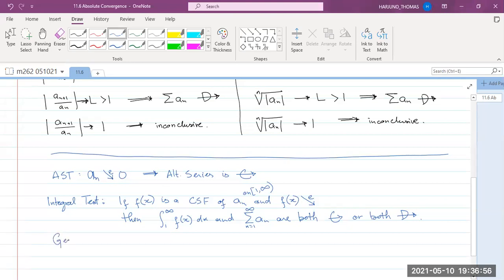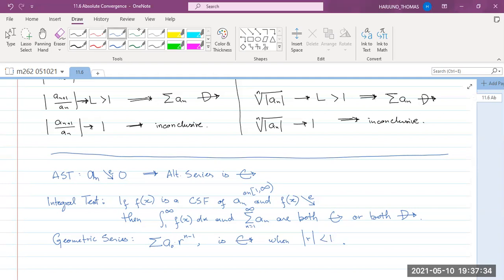What else do we know? The geometric series. If you have a series with the first term times the ratio to the n minus 1, it is convergent when the absolute value of the ratio is less than 1. Does it make sense?